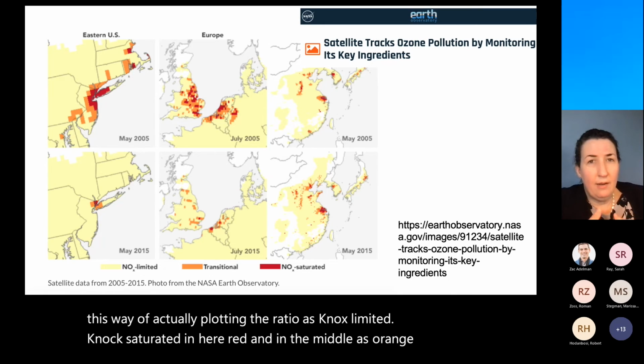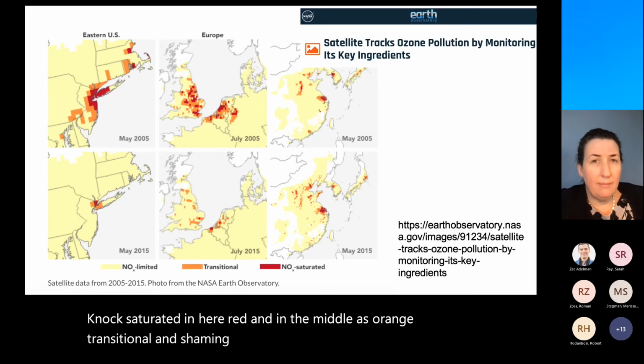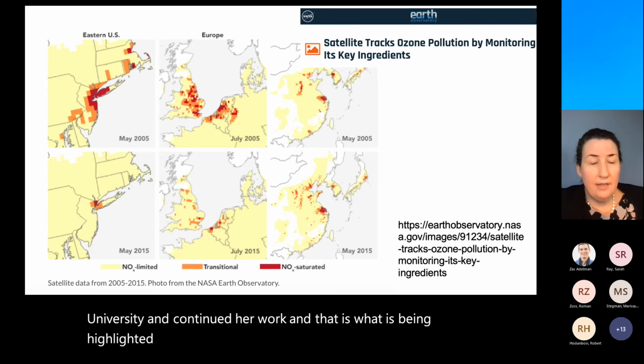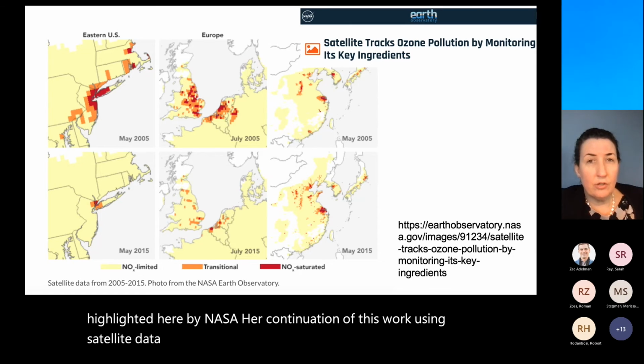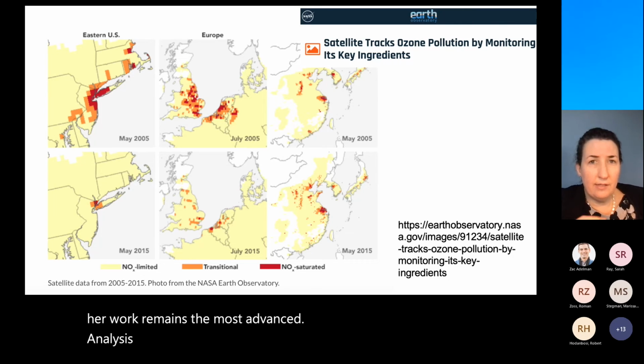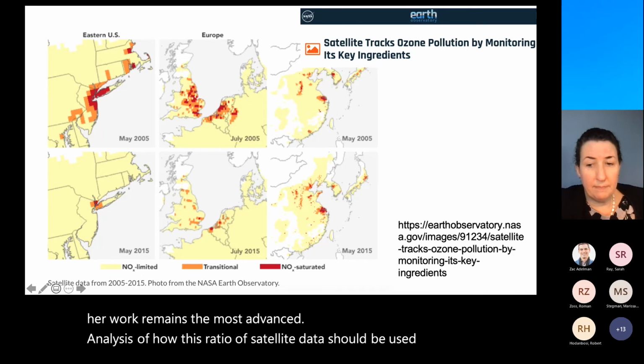Xiaoming went for her PhD to Columbia University and continued her work. That is what is being highlighted here by NASA, her continuation of this work using satellite data for ozone sensitivity. Xiaoming is now a postdoc in California, but her work remains the most advanced analysis of how this ratio of satellite data should be used for ozone sensitivity.